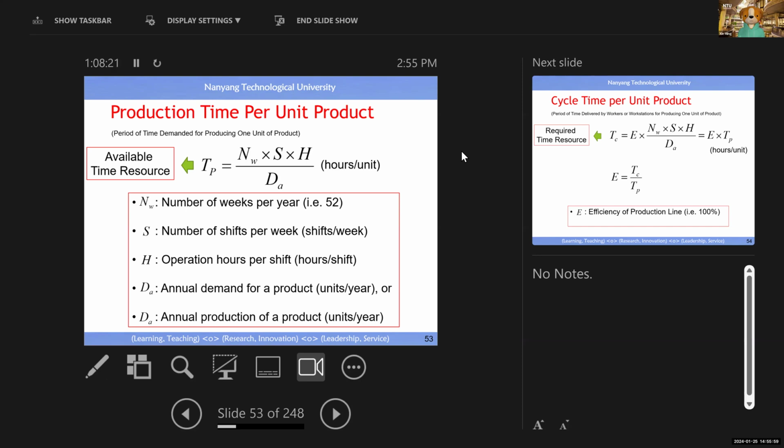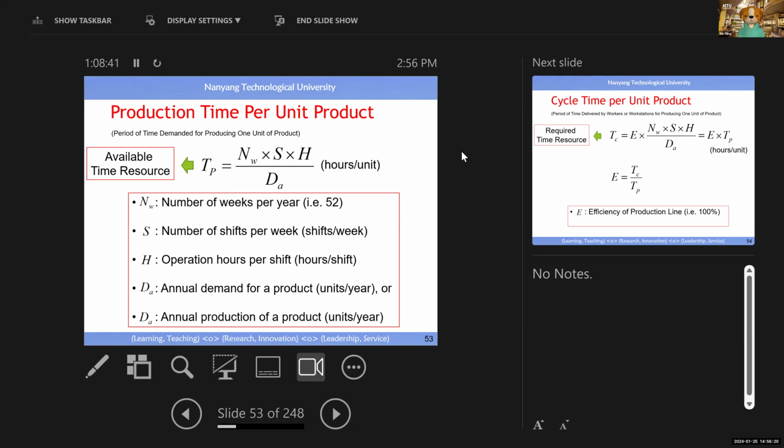Okay, so you see, this is kind of easier. Number of weeks per year, 52, minus some holidays, right? And number of shifts per week, normally it's 1, some is 2, or sometimes maximum 3. 3 times 8 is 24, right?